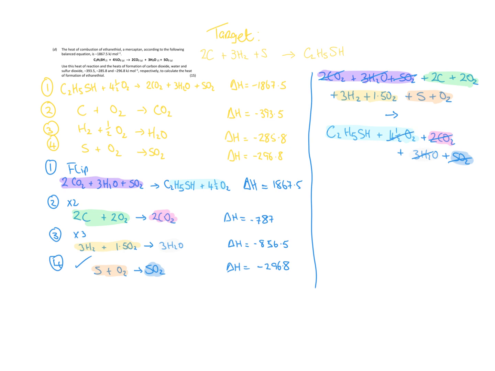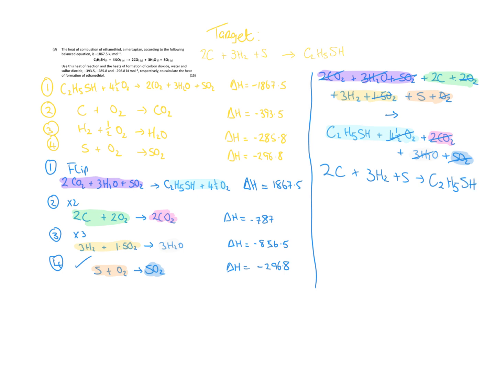If we add all the oxygens we have in the reactants, 2 plus 1 is 3, plus 1.5 is 4.5. They actually do match up correctly. So if I write out what I'm left behind with then, I am left with 2C plus 3H2 plus S goes to the product. The only product that's left is C2H5SH, which is ethane thiol.